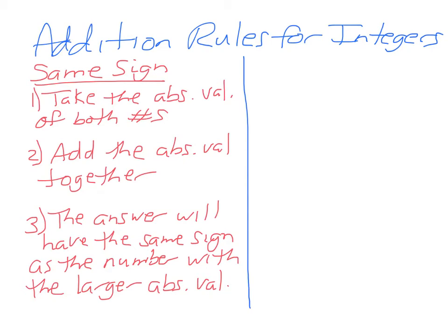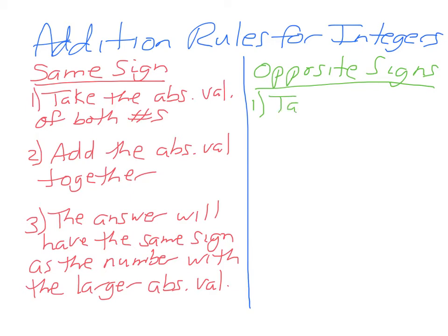But let's talk about what happens if they have opposite signs. Meaning, what if one's positive and one's negative? Well, I like to keep the number of rules as similar as possible. So again, I'm going to take the absolute value of both numbers.